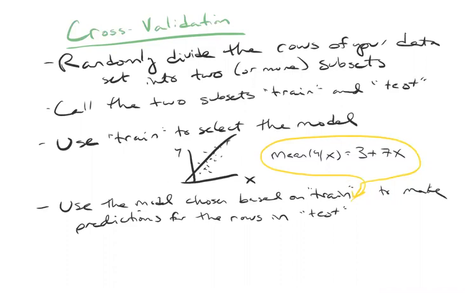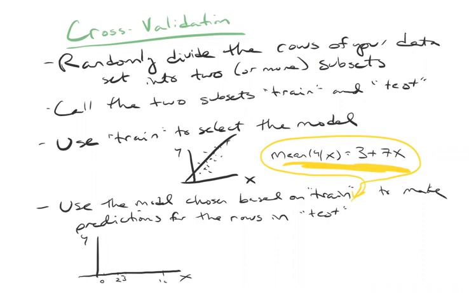So here's x and here's y. And you look at all the x values. So in the test data, maybe I have somebody whose x is 0, and somebody else whose x is 2, somebody else whose x is 3, and somebody else whose x is 10. And I stick those values, which are the x values from the test data set, into this model.